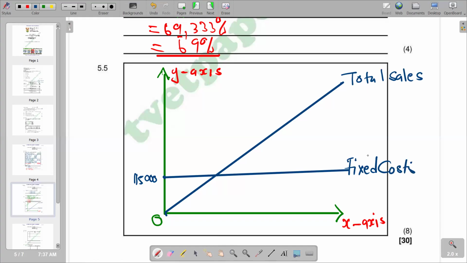And then our total cost will start from where we have our fixed cost, because when we have got 0 output, remember also on the horizontal axis we are going to have our quantity.